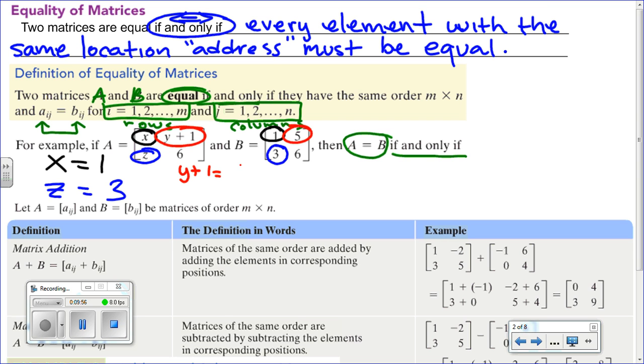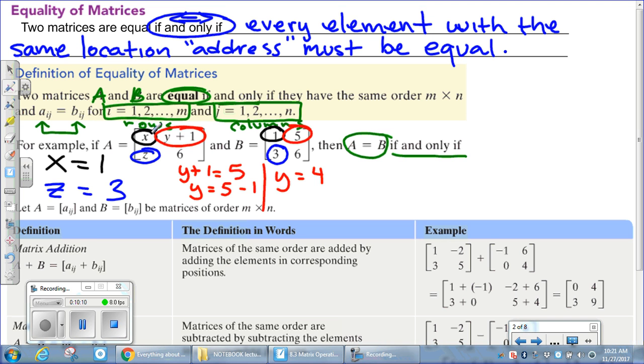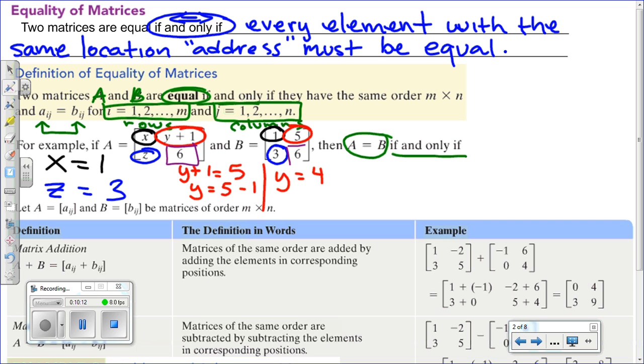And if we want to solve for y, that's pretty easy. It's just 5 minus 1. So y equals 4. And then we have one left. It's just pretty easy, right? 6 equals 6. And we don't have anything to do there. That was just there. So yes, you could say it both ways. If all the elements are the same, then the matrices are the same. If the matrices are the same, that's because all the elements with the same address are the same.